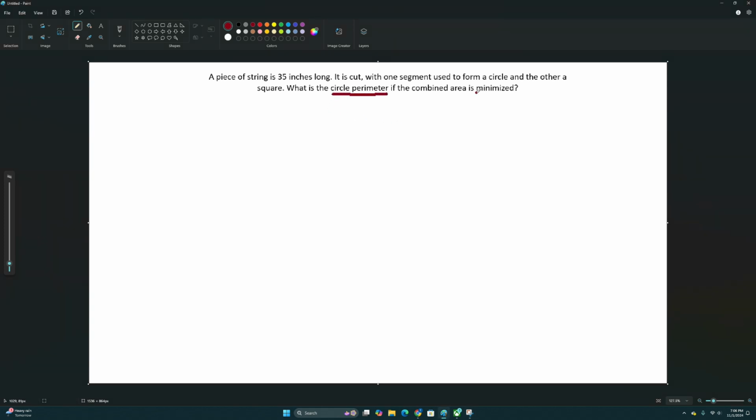If the combined area is minimized. So we're trying to minimize the area.